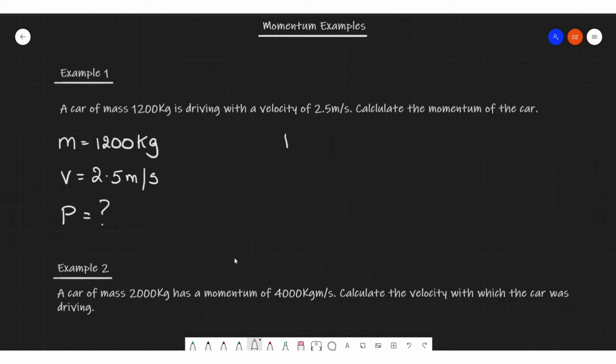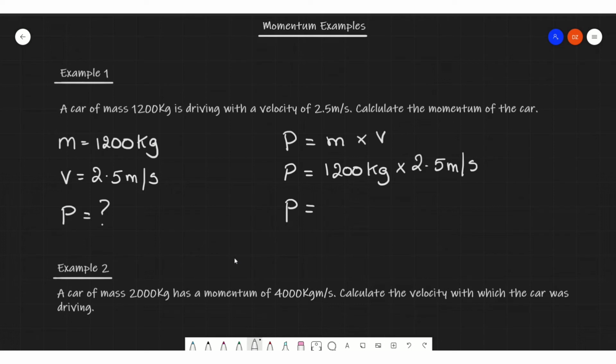We write down the equation of momentum, and the next thing that we have to do is replace letters with numbers. So momentum we still need to find, so we'll leave it as P. Mass is 1,200 kilograms, and the velocity is 2.5 meters per second.